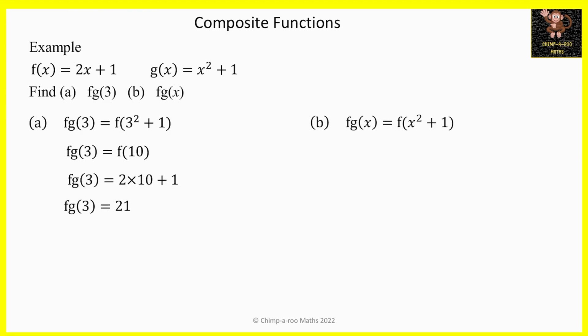And then for the algebraic one, fg, we'll do f of g of x. So let's do f of x squared plus 1. In the function f of x, replace where you see x with x squared plus 1. So it becomes times by 2 and add 1. So times x squared plus 1 by 2, then add 1. And expand and simplify, and we get 2x squared plus 3.